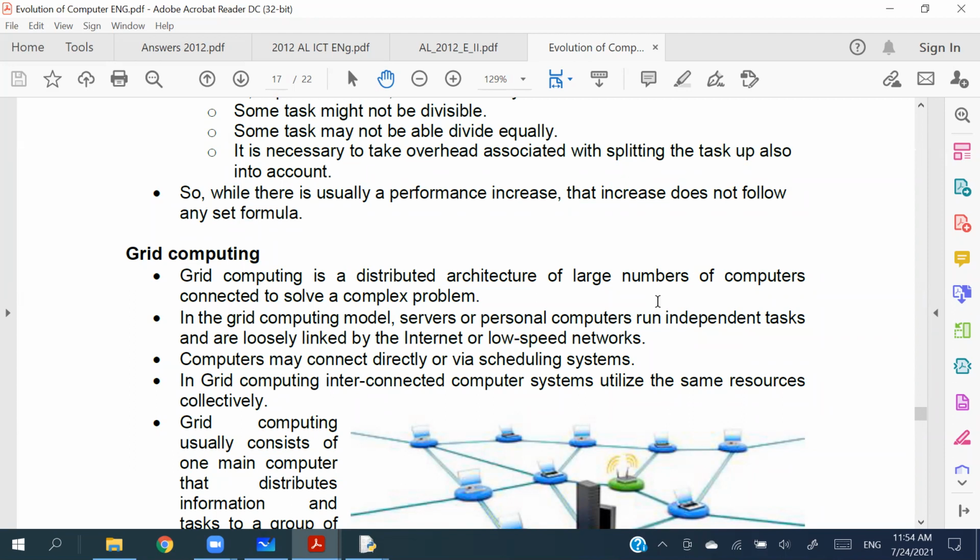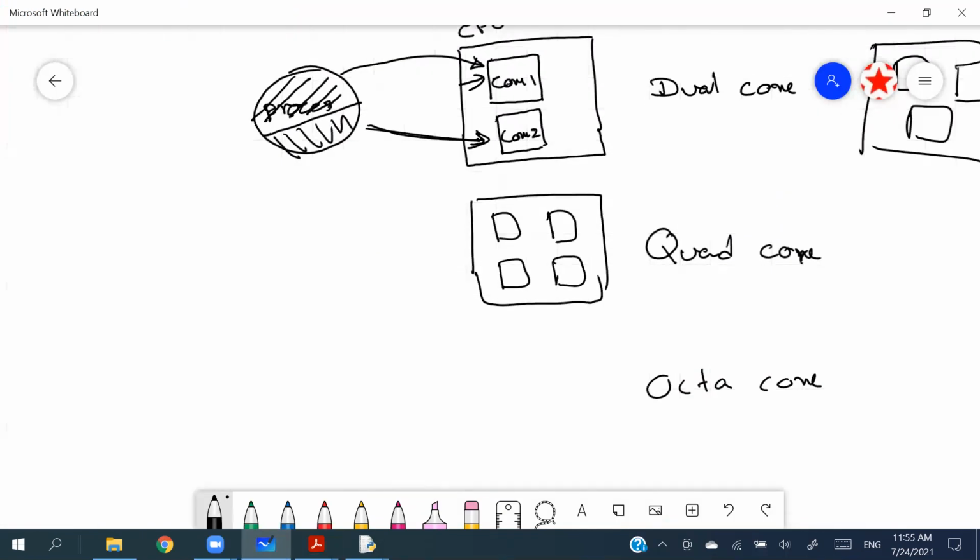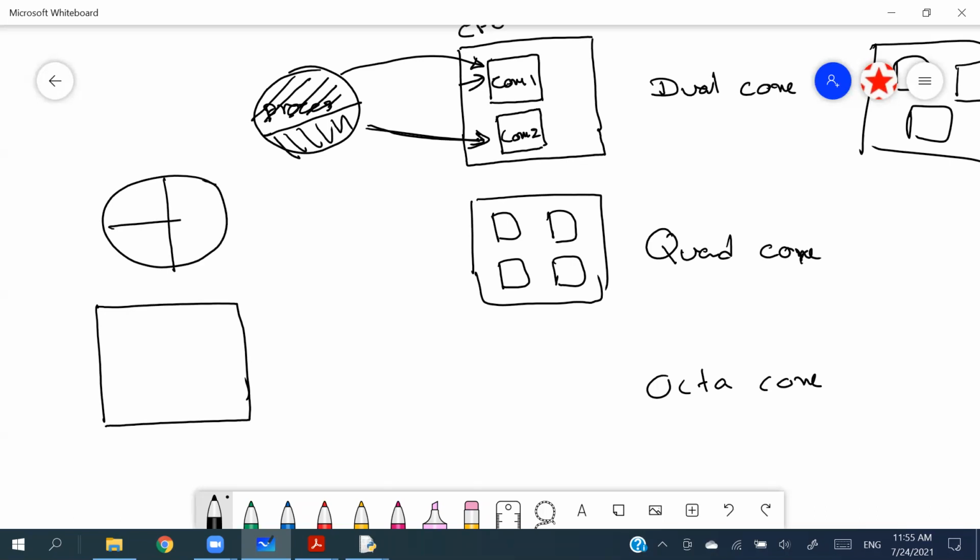Then, with parallel computing, we can divide a particular task into smaller things and ask the cores to execute.